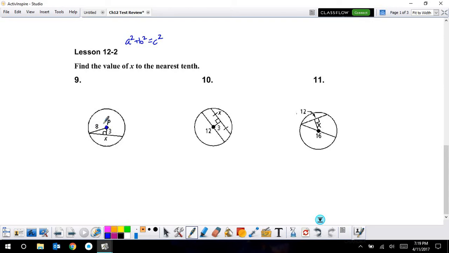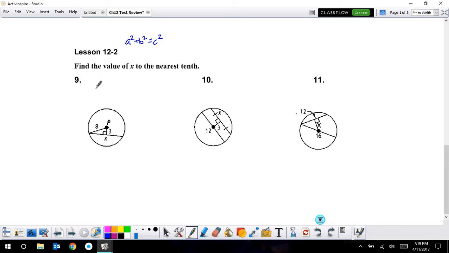Remember on your quiz, you also had one where I drew the radius off to the side, so you had to remember to bring it down and form that right triangle. You may have the diameter instead given to you, like for number 10 and for number 11. So the diameter for number 10 is 12 and the diameter for 11 is 16. Either way, you're still working with Pythagorean theorem because you've got right triangles here.